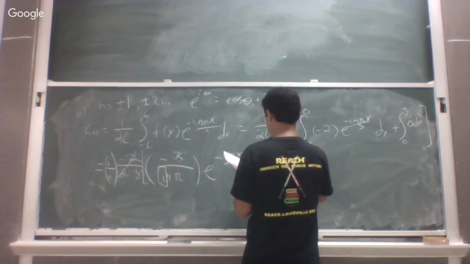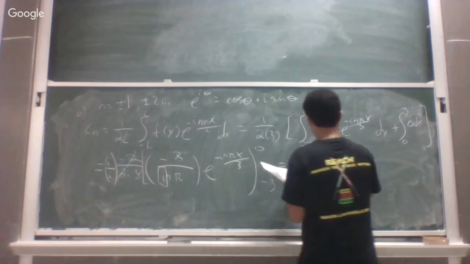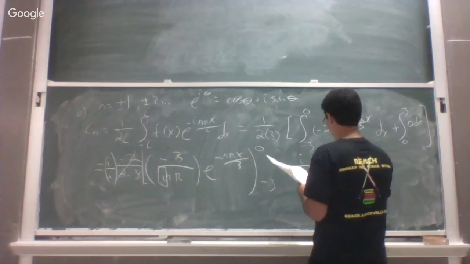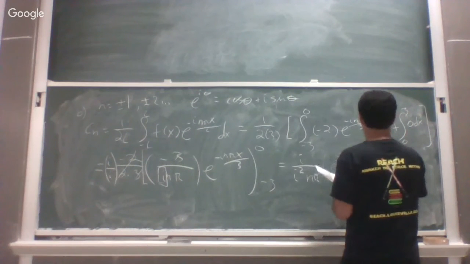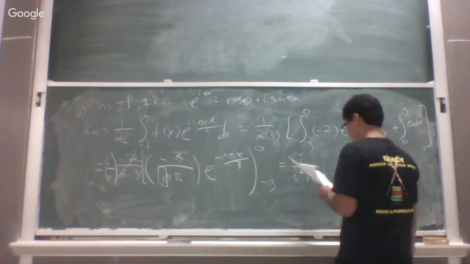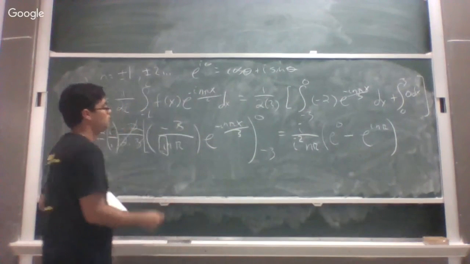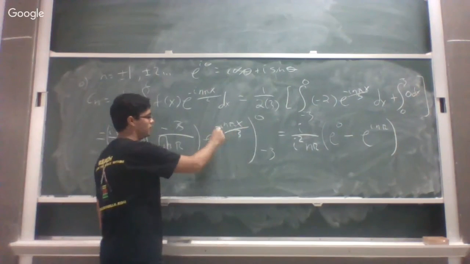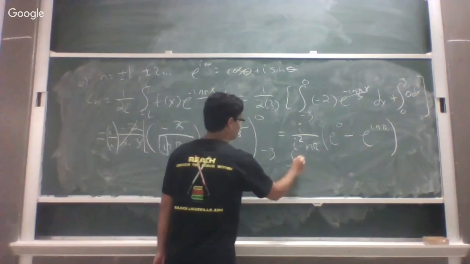So then we end up with I over I squared n pi of e to the 0 power minus e to the I n pi. Because when we put a negative 3 in there, it becomes a positive I n pi. I squared equals a negative 1.